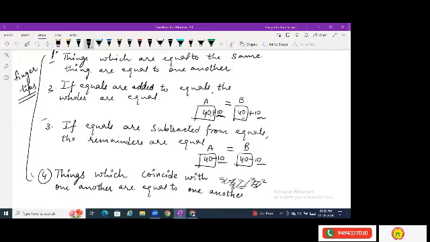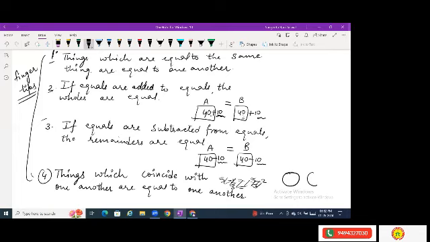Now, what does this mean? Suppose I have a circle made of cardboard, a cutout of a circle. I have another cutout of a circle with the same radius. So things which coincide with one another are equal to one another.